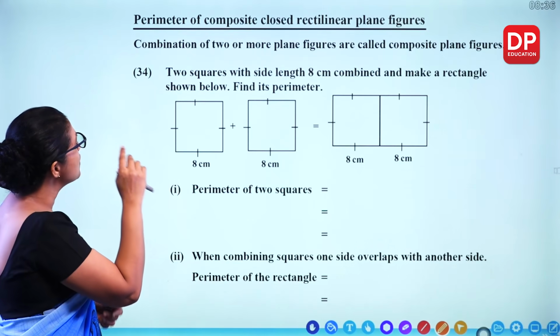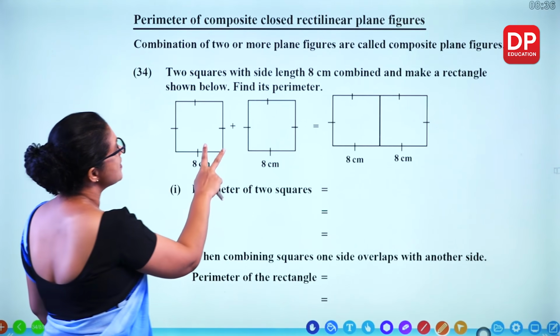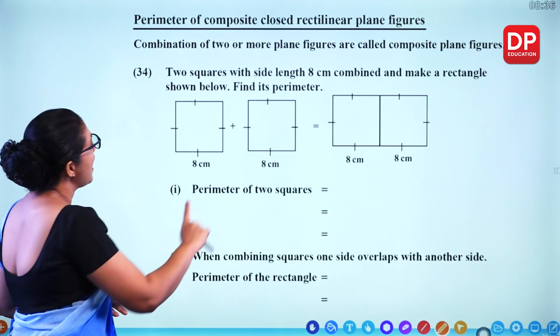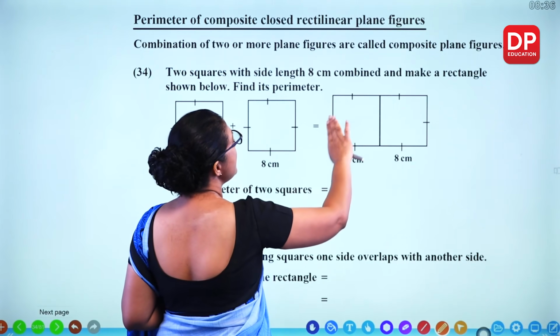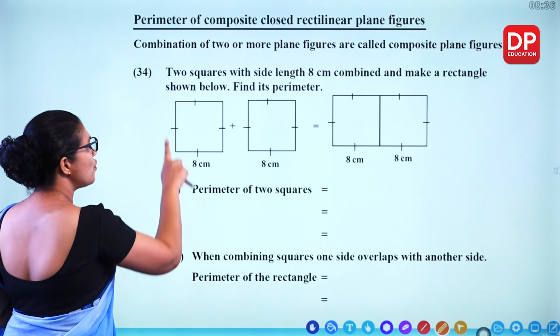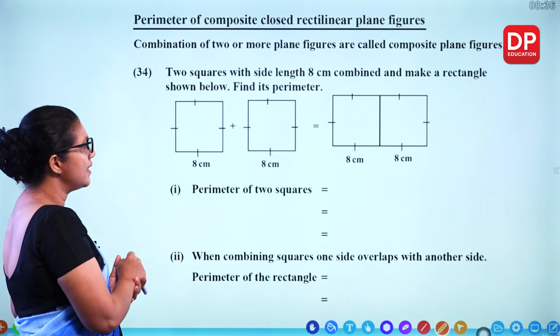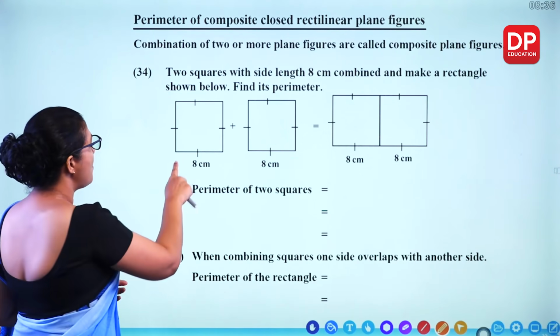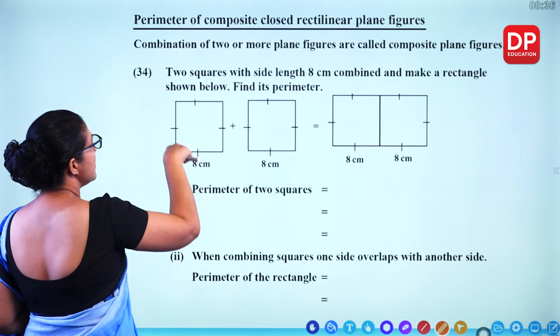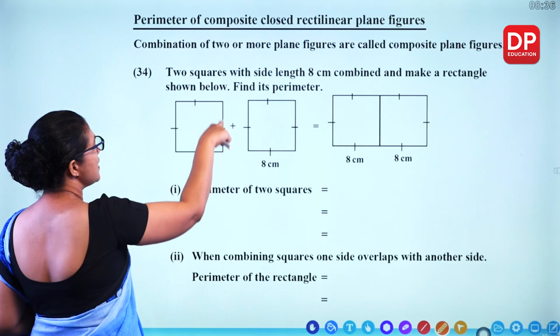Now we'll look at this one. 2 squares with side length 8 combined and make a rectangle shown below. Find its perimeter. Now, if you take these two separately, what's the perimeter? One side is 8, so 4 times 8.